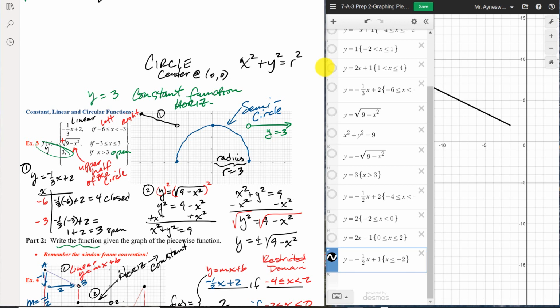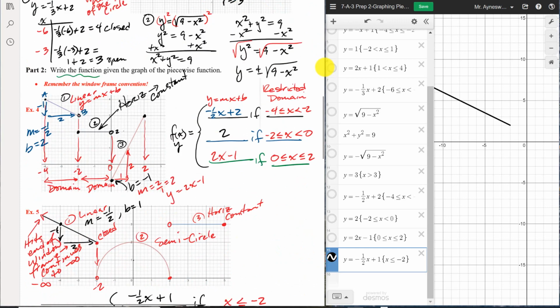And so if you compare, our equation was x squared plus y squared is equal to 9. So in this case, r squared equals 9. If you compare the two, and r squared is equal to 9, that tells me that r is 3, which it is. Okay, so if you know the radius is 3, that means r squared is 9. So you just square the r value to get to the equation.